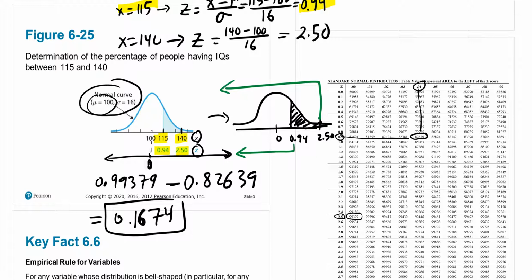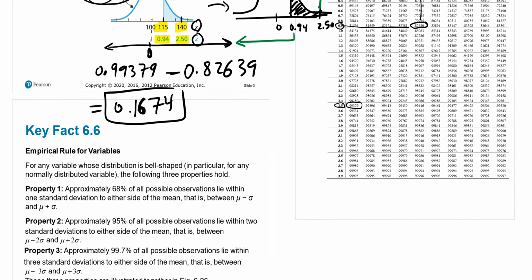Another thing we need to learn in this section is how we can visualize the normal distribution. We are going to introduce something we already learned before. If you have a data set that is roughly bell-shaped, then we have the empirical rule for variables, which says about 68% of the data will fall within one standard deviation.